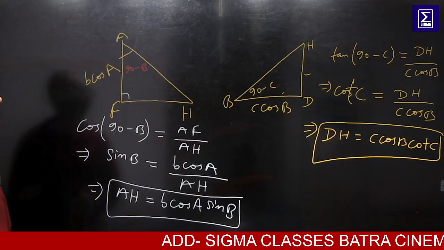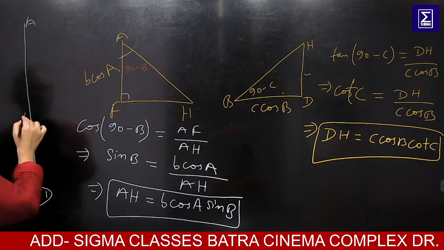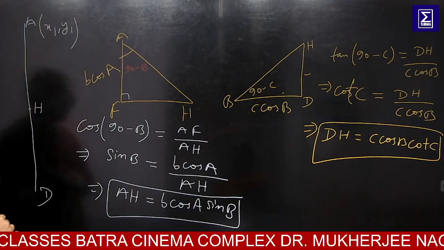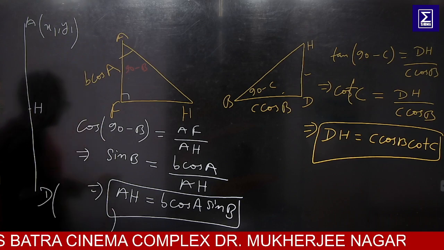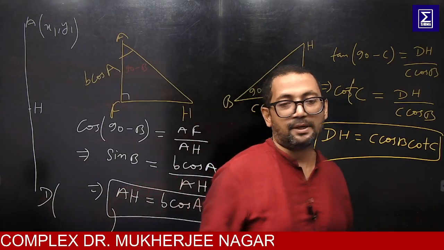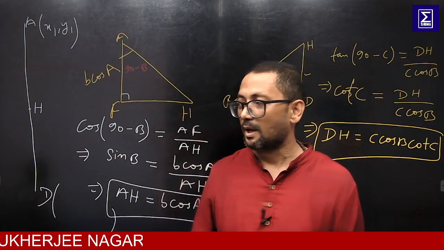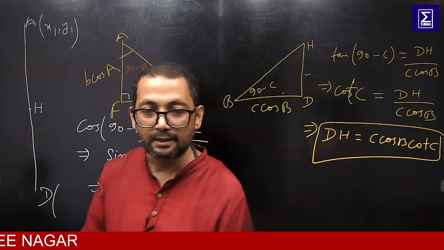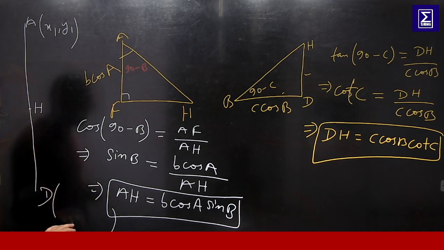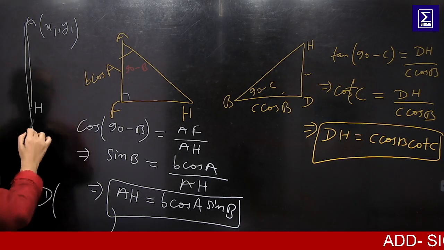So this is A, this is D, this is H. Coordinate of A is x1 comma y1. Coordinate of D, what we got in the previous slide? x2 tan B plus x3 tan C upon tan B plus tan C, and y2 tan B plus y3 tan C upon tan B plus tan C. So we got the coordinate of D. Whatever we are doing so far is to get the relation AH upon DH, right?